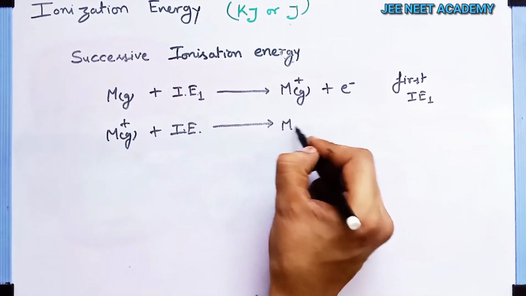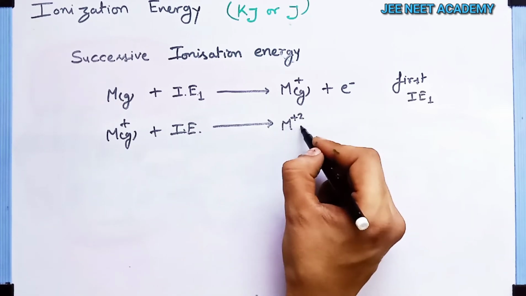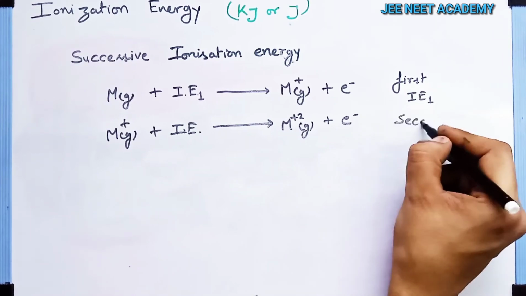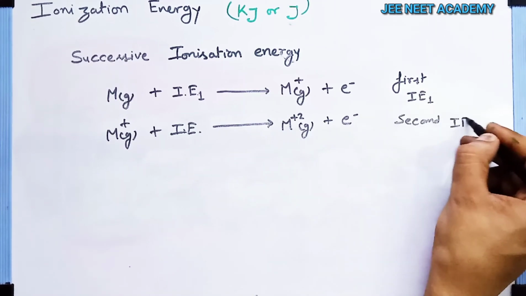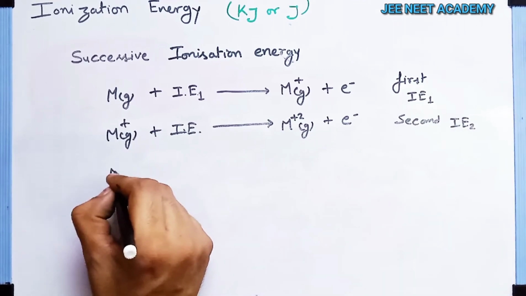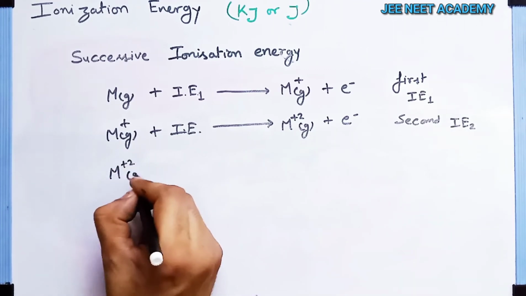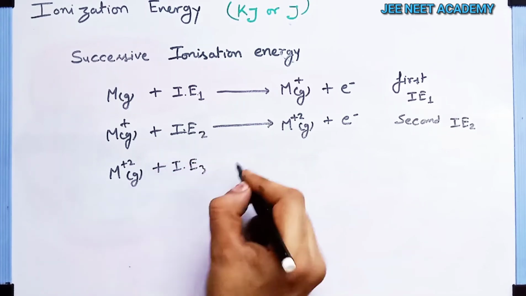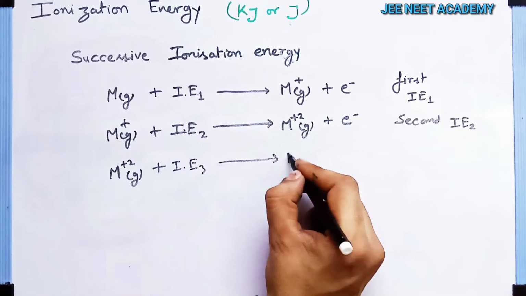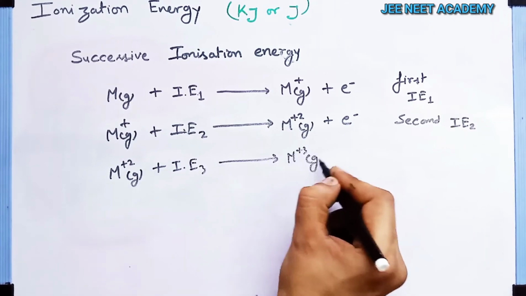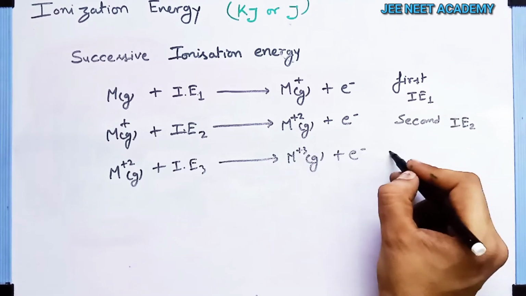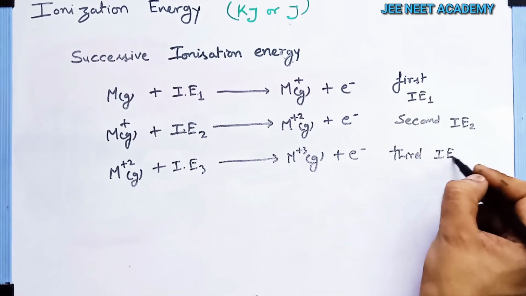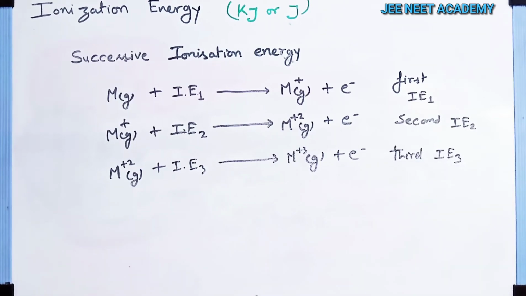Then if you give more energy to this cation, it will give one more electron and form M+2 gaseous, and one more electron will come out. This is the second IE. Then again, if you have M+2 gaseous and you apply more ionization energy, it will give one more electron, and that will be called the third IE, third ionization energy.